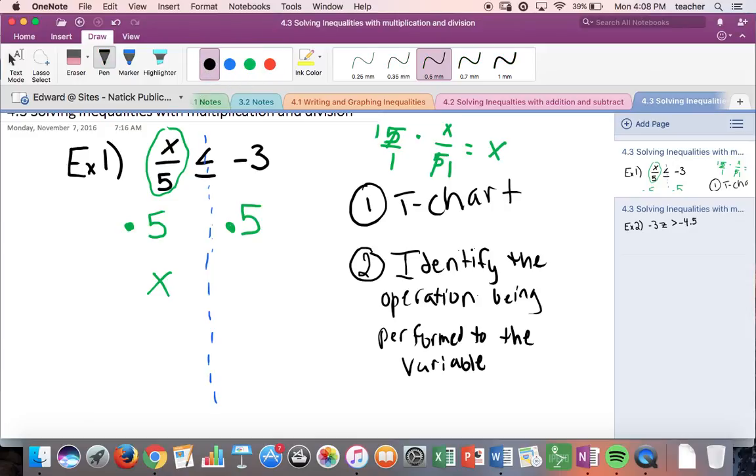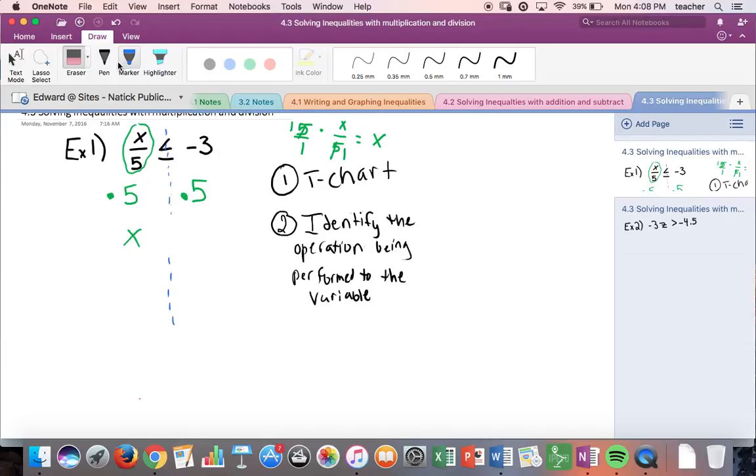Then we can bring down the inequality symbol, less than or equal to. This acts as a placeholder for that symbol, so we're going to put it right along this line here. I'm going to fix that. It doesn't look as good as I want it to.